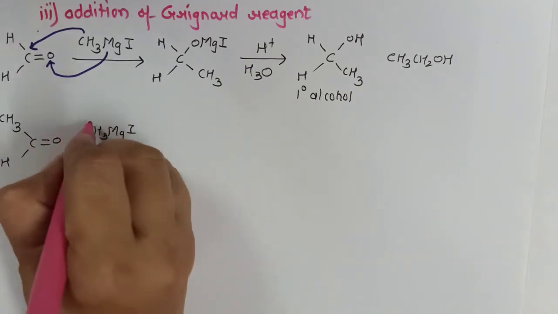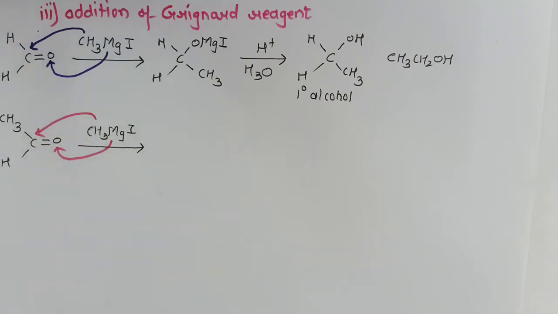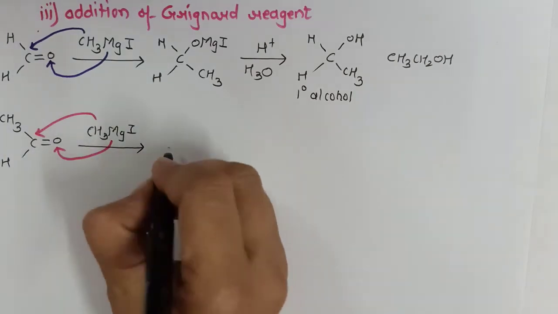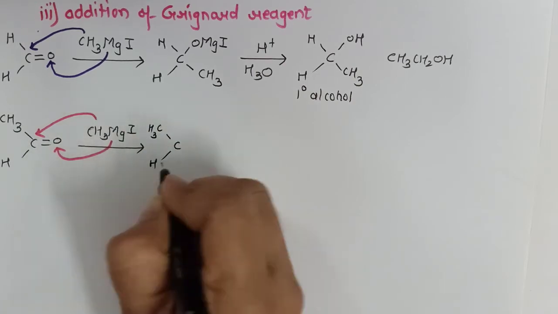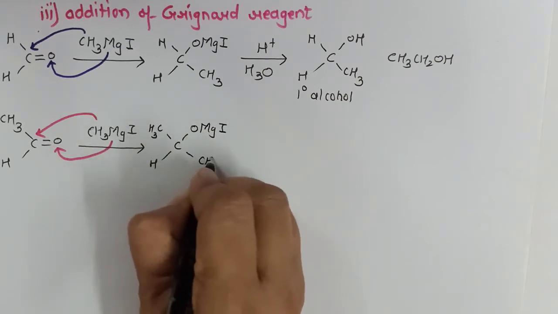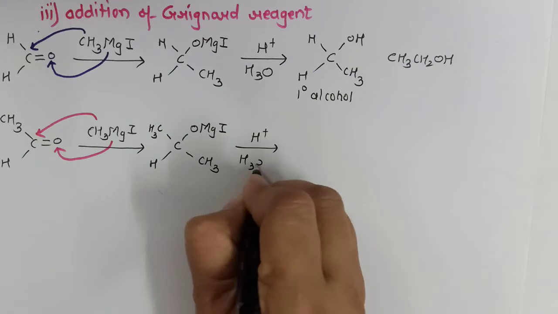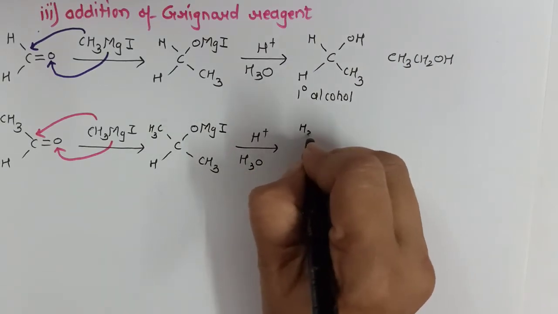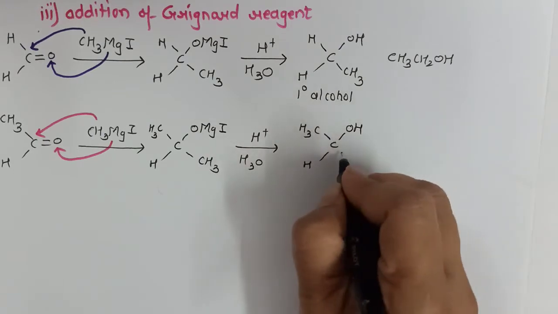it's always better if you show the movement of these arrows and practice the reactions accordingly. The addition product, followed by hydrolysis in acidic medium, will give us 2 degree alcohol.